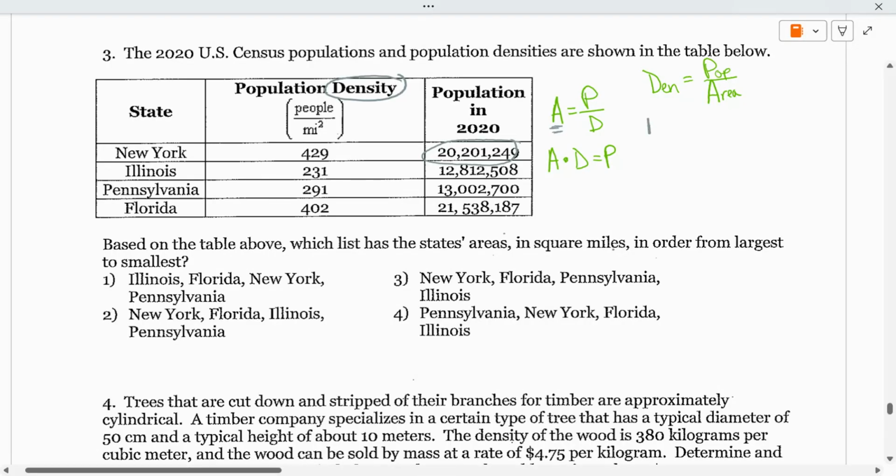So let's do New York. So the New York area equals the population, which is 20,201,249 divided by the density, which is 429. So what do we get for New York? What is the area?